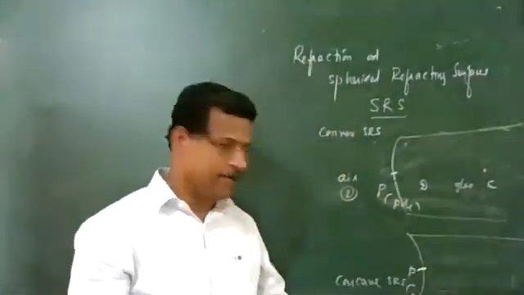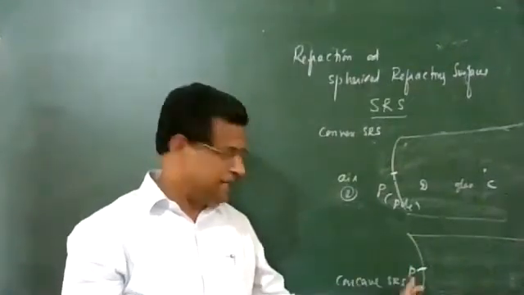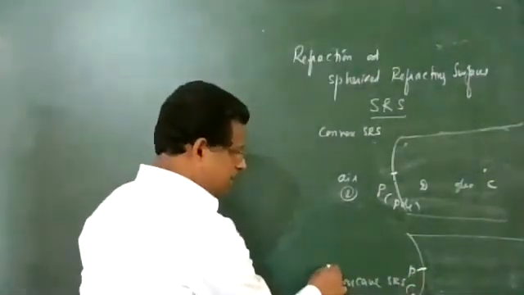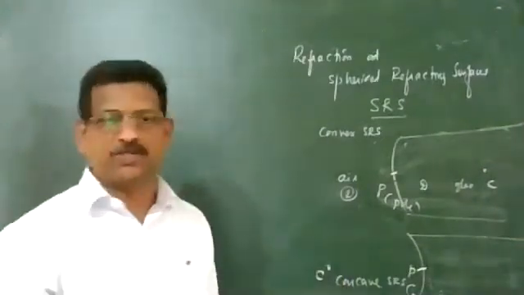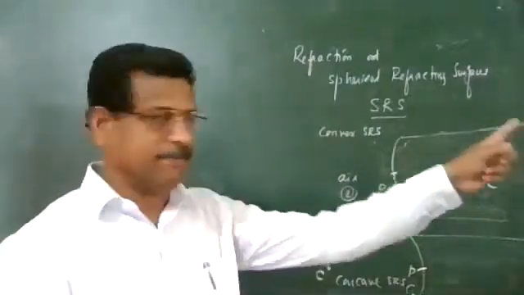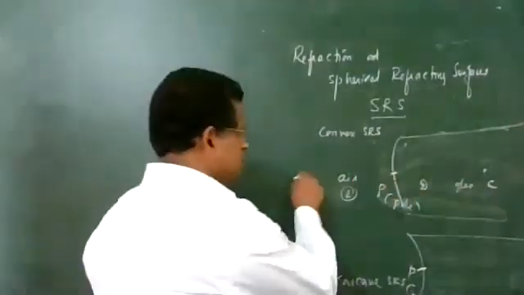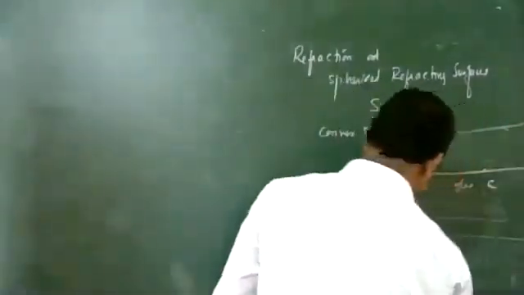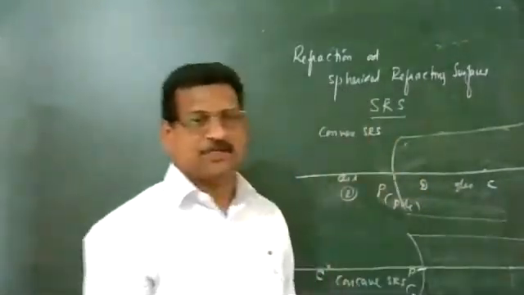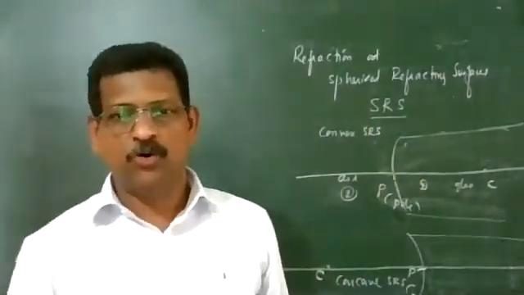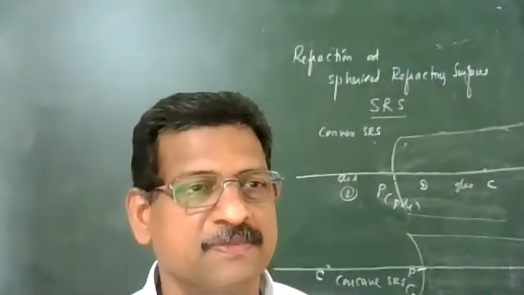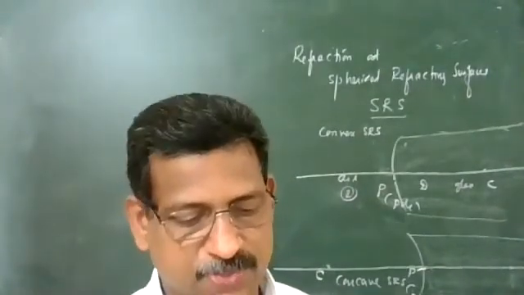Similarly, this is a concave SRS and its center will lie at a point here on the left side, the point C, center of curvature of SRS. The straight line passing through pole and center of curvature of SRS is known as principal axis.